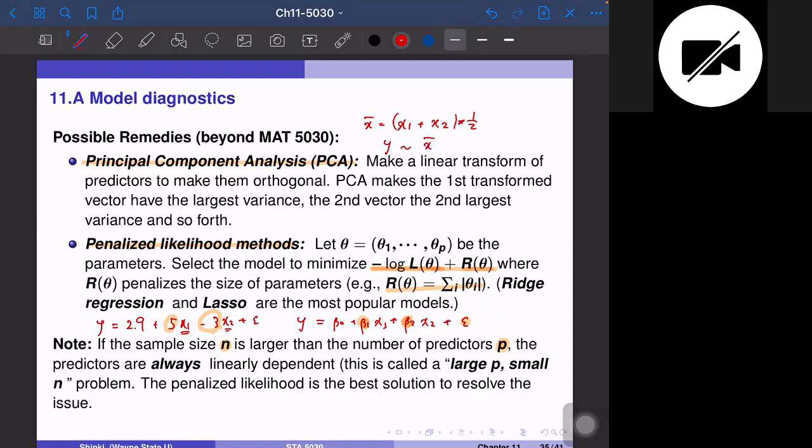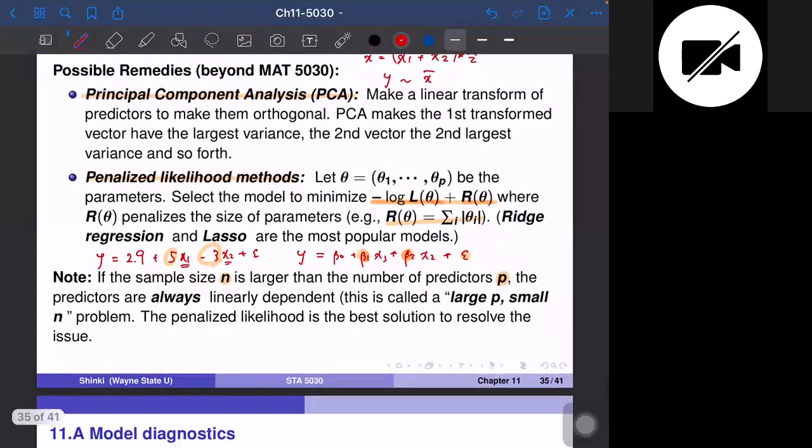But often a doctor can diagnose images after training on maybe just 100 pictures. That means n is 100 and p is 10,000. So it's common that p is much larger than n. In such a case, this penalized method should be used statistically. So medical doctors do penalized likelihood methods in their brains.